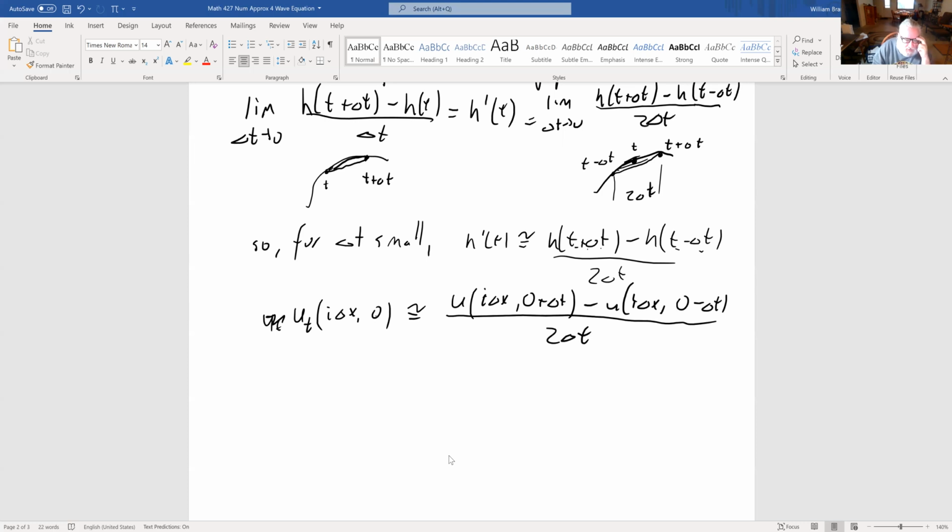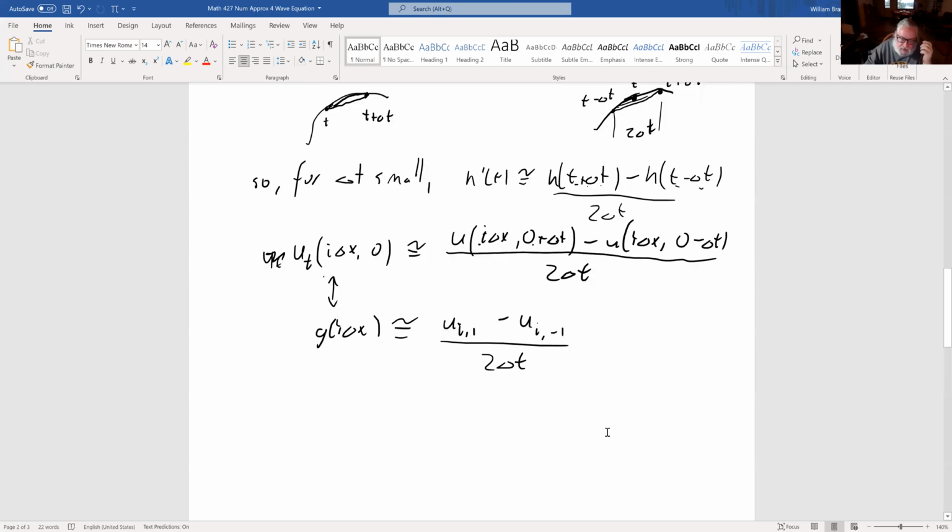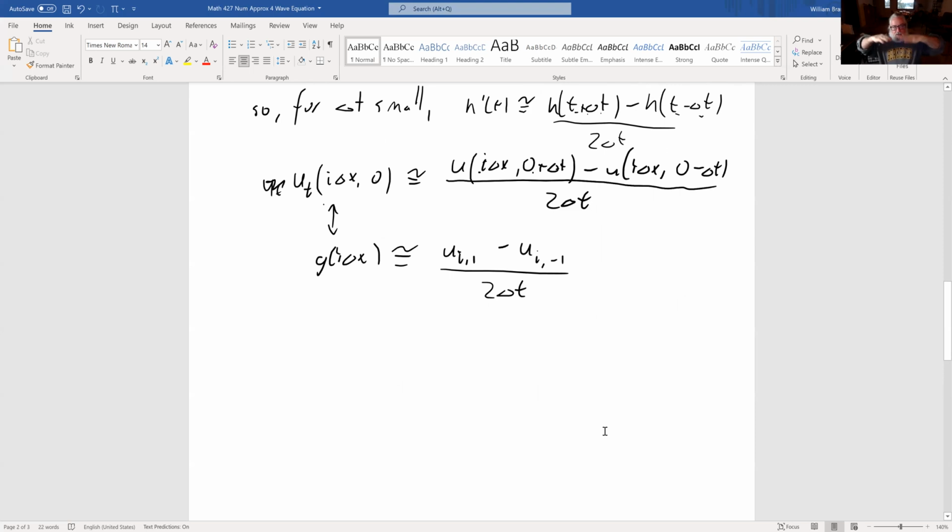Now this left-hand side here, this is our initial velocity g at I delta x. And this term is u sub I, but time step forward 1. So this is u sub I at time 1 minus u sub I at time minus 1, over 2 delta t. Now, technically, the u sub I at minus 1 doesn't actually exist because we don't have any time before time equals 0, but it's a useful fiction for now.